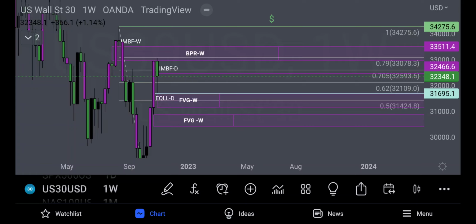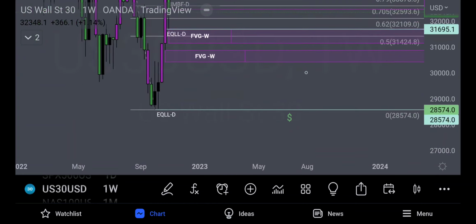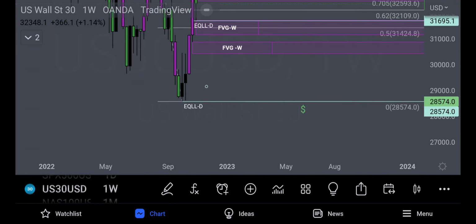I think this will help. So it could mitigate first, pull back, fill, mitigate, pull back, fill, and possibly take out this liquidity right here, which is, we do have double or equal lows here.